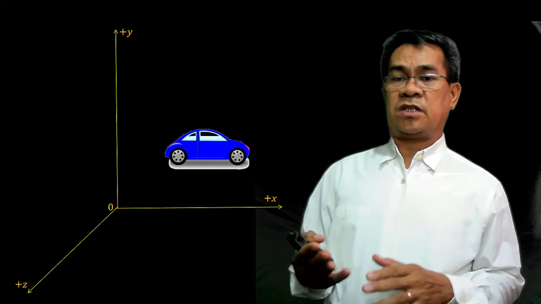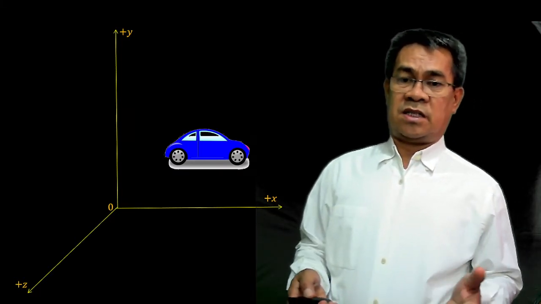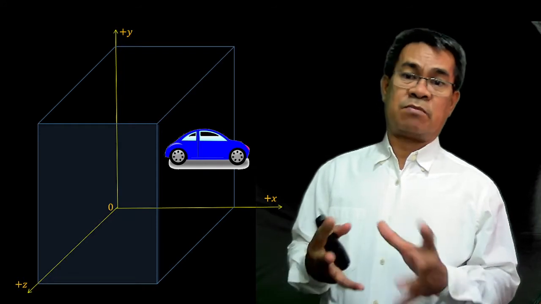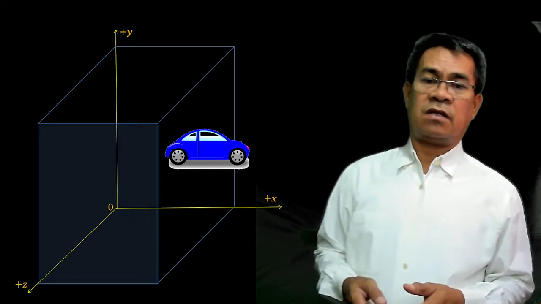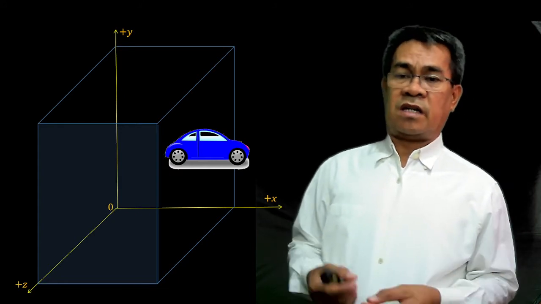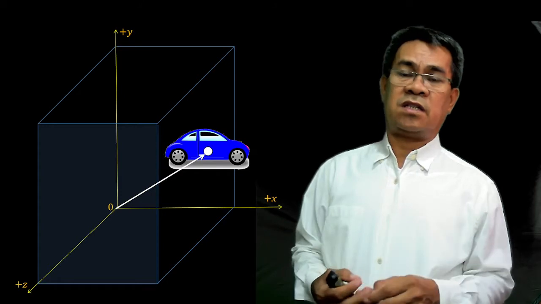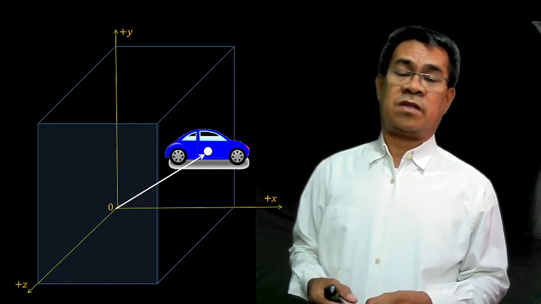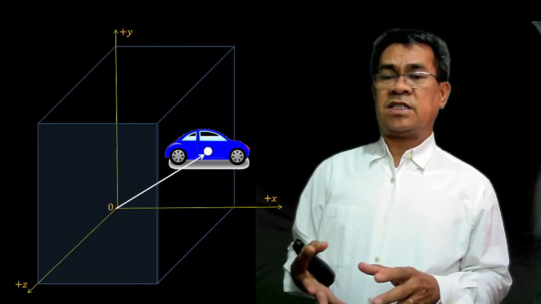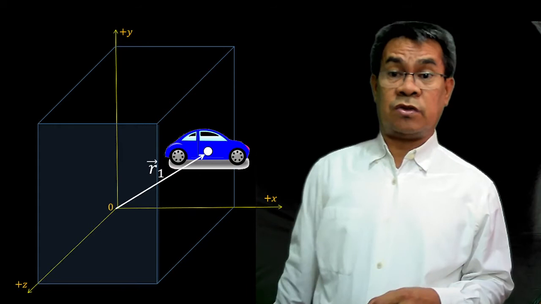If we consider three-dimensional axes, then this is describing in space, which means that the position of the particle can be described from the origin of the Cartesian axes towards the point of the particle, and we have three coordinates of that. The distance from the reference towards the point is called the position vector.